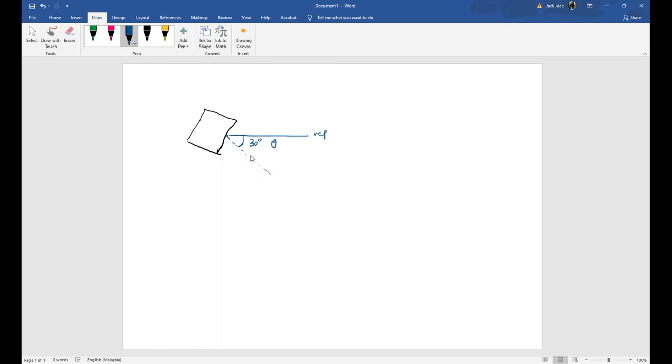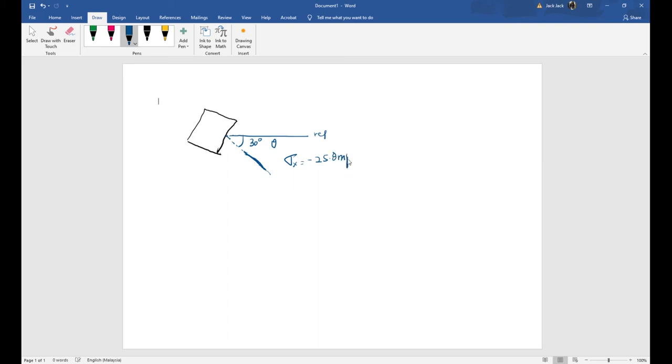The value for sigma x will be perpendicular to this plane. So this is your sigma x. From our calculation, we know that our sigma x is equal to minus 25.8 megapascal.